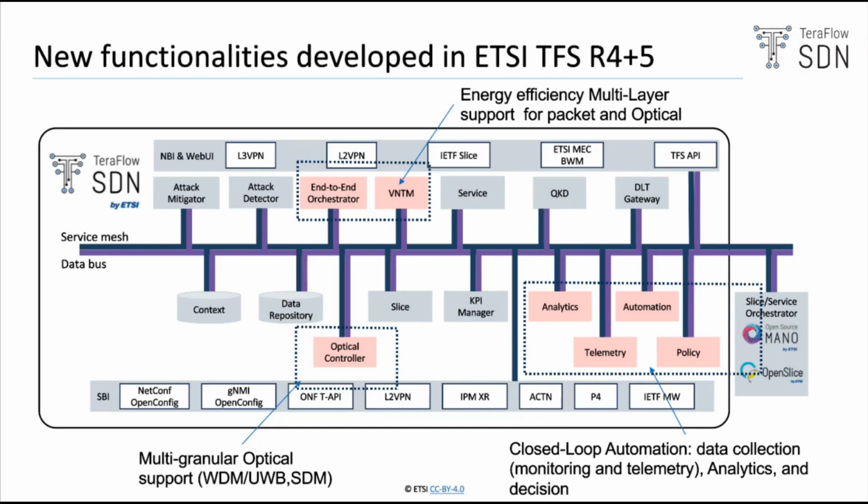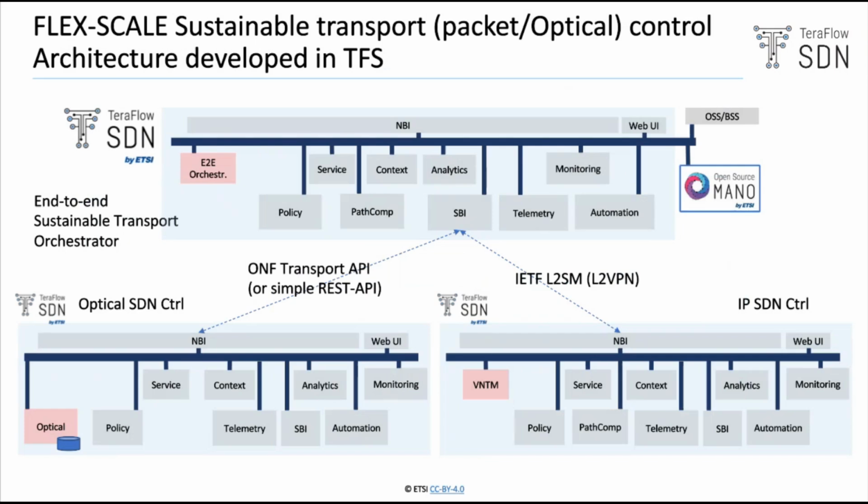You can see the automation closed loop that we have already presented before. Then on top, at the orchestration layer, you can see how we work with different parameters to tune efficiency, such as energy, and multi-layer support for packet and optical. So these are the different functionalities.